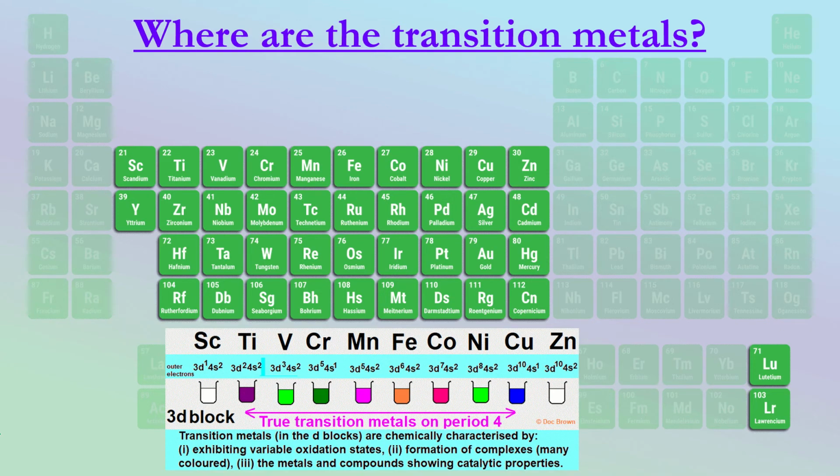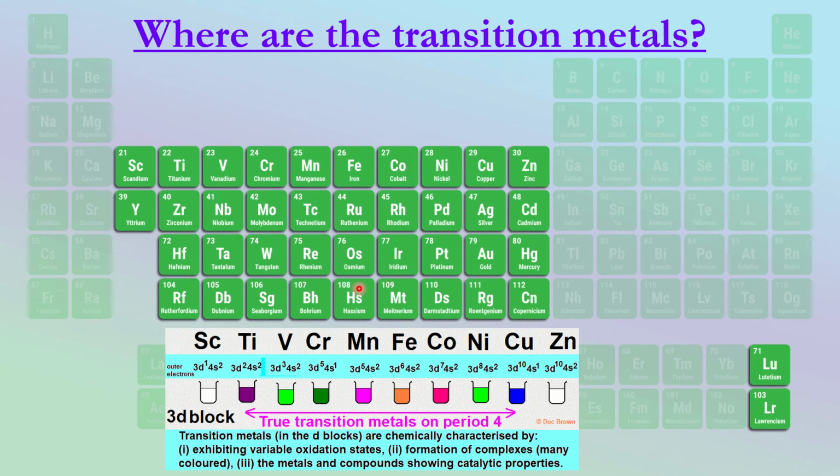So where are the transition metals? If you have a look at this chart here, the transition metals are basically in the center of the periodic table. You have a couple over here as well. The transition metals are really valuable because they are all d-block elements.